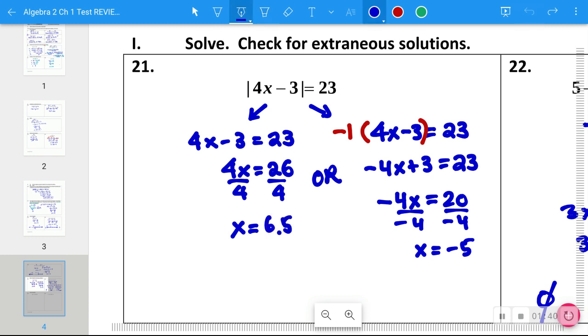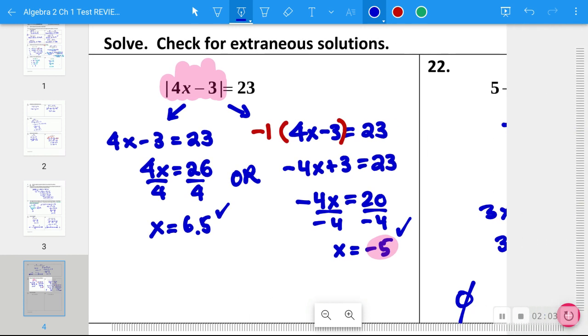We're going to indicate that by putting a little check mark next to it. And then on the other one, we're going to put a -5 in and see how it works. 4 times -5 is -20. -20 minus 3 is -23, and the absolute value of -23 equals 23. So this -5 checks out just fine. Both of those answers work.